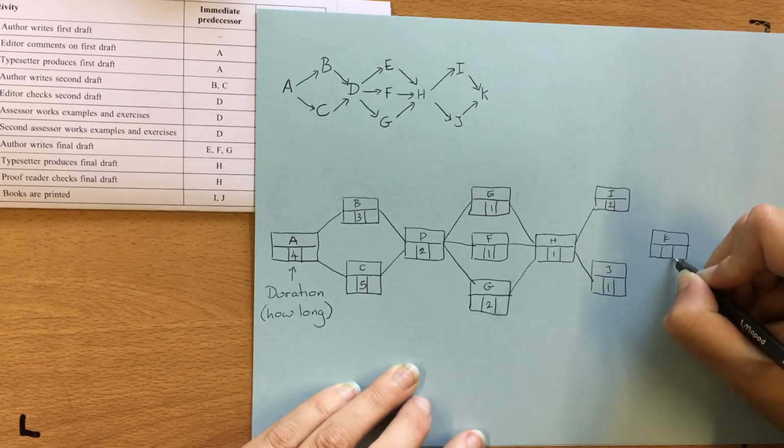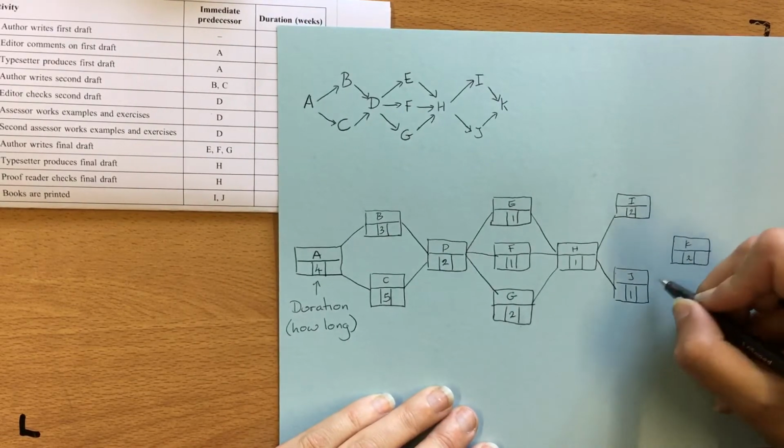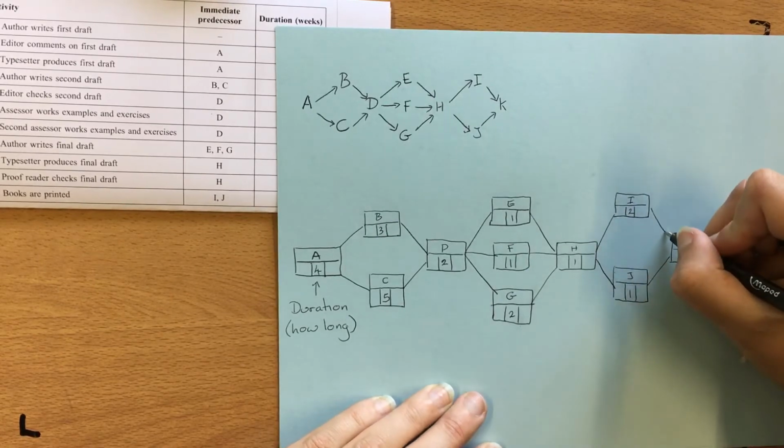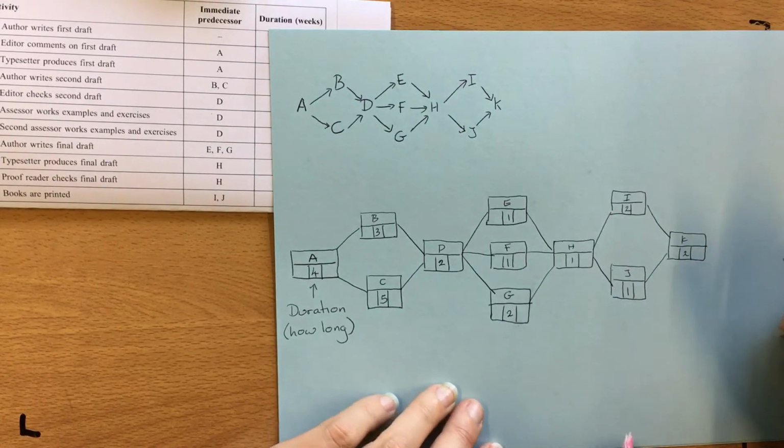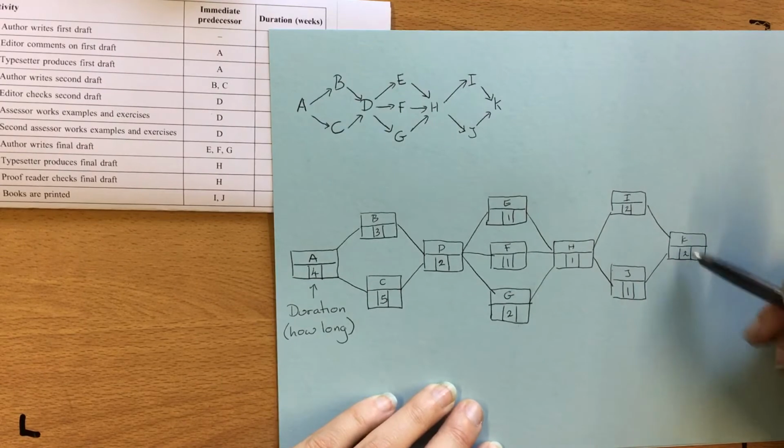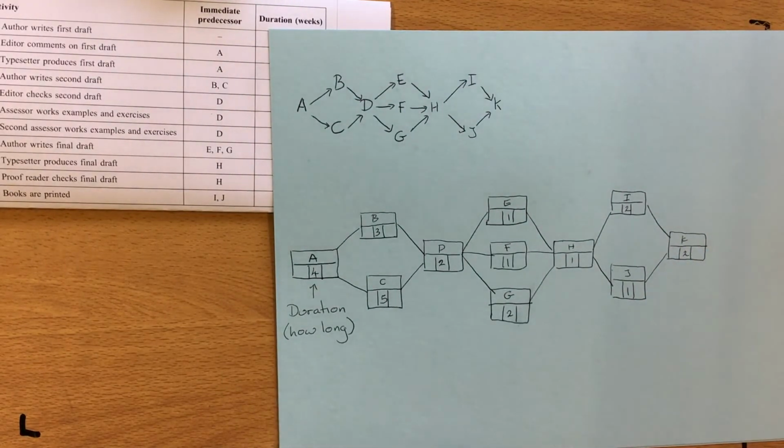So if you don't have a single final box, you then end up with one that has end written in it, but in this case we don't need that because we've got one that's got just K.